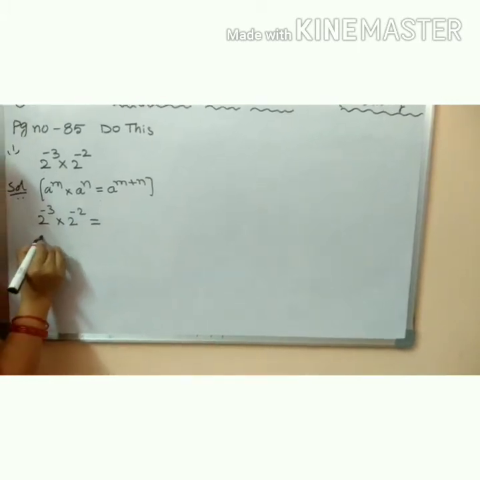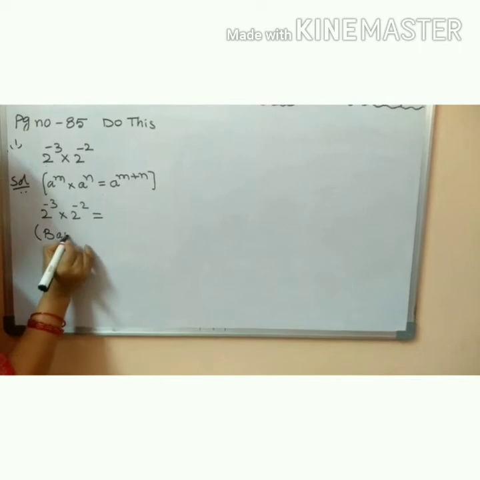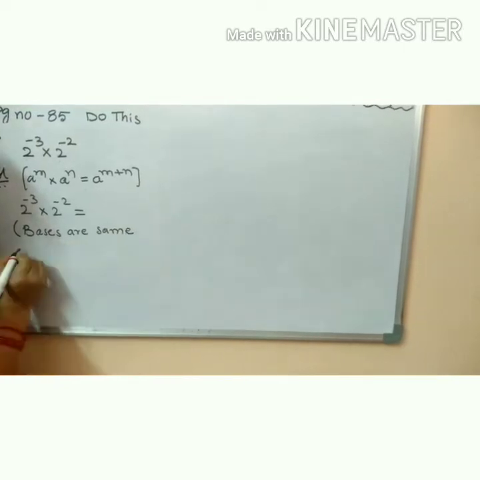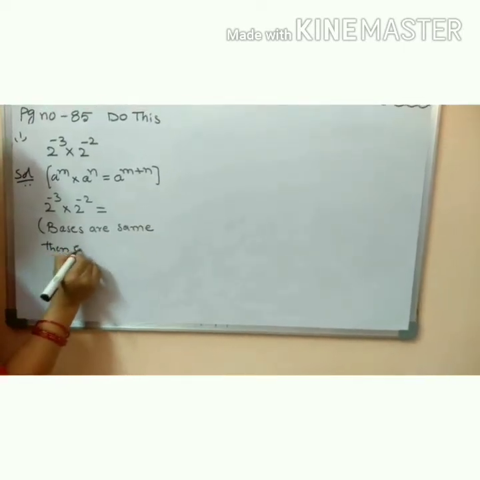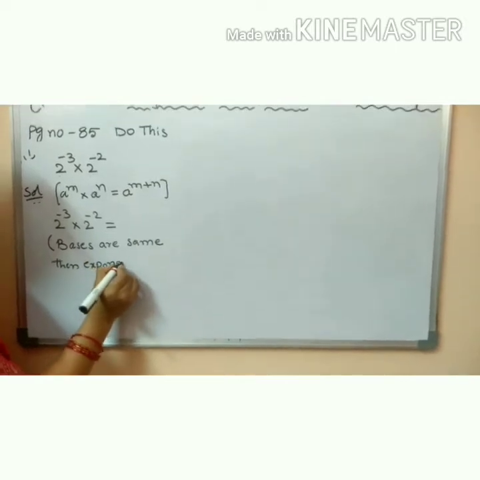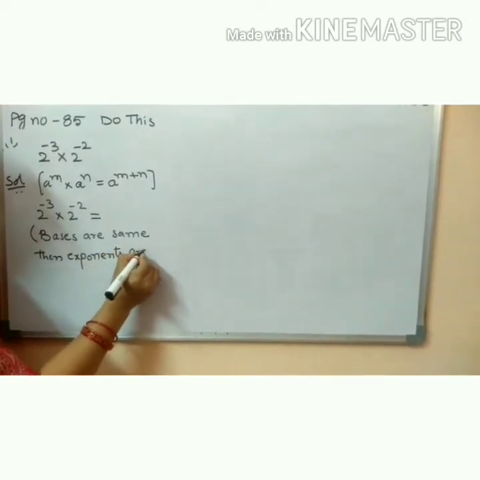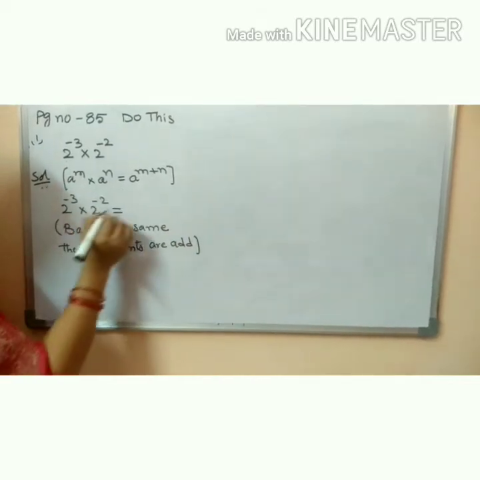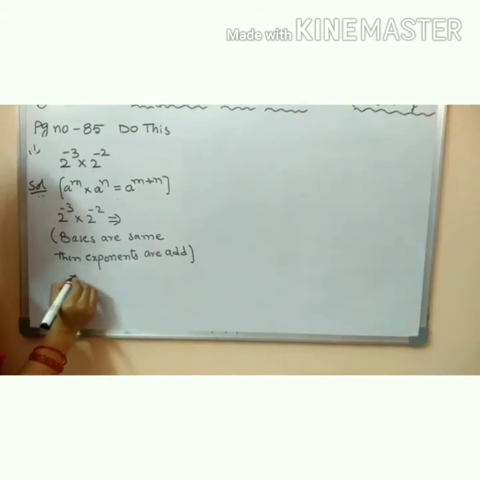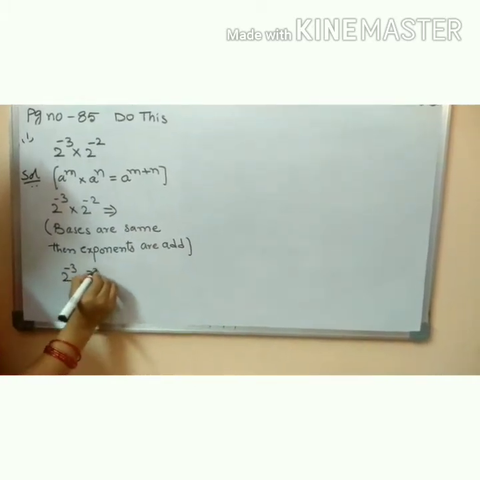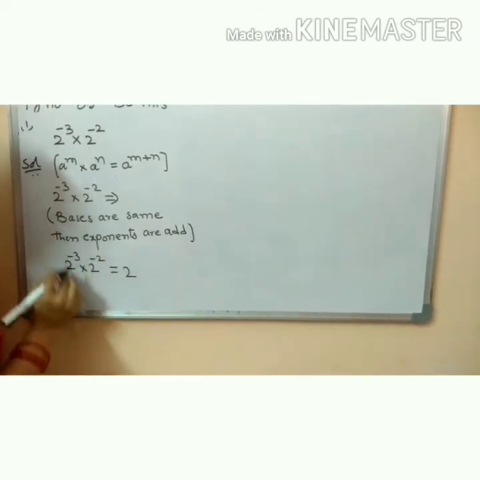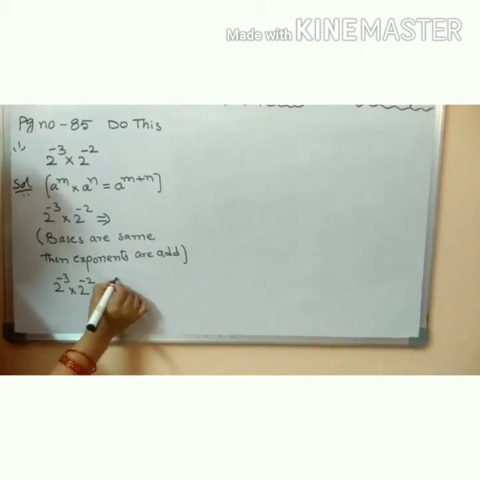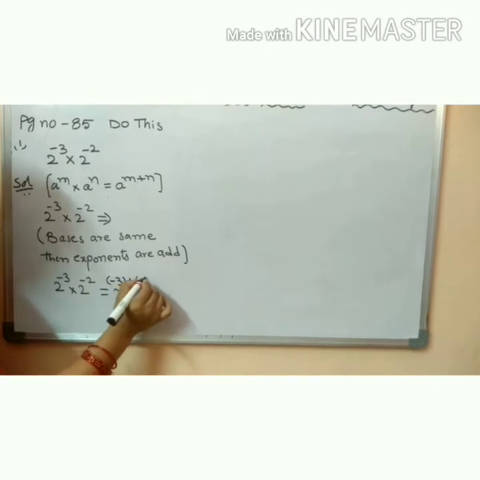So here in this case, bases are same, then exponents are adding. Exponents are adding. So here write 2 power minus 3 into 2 power minus 2 is equal to 2 power, bases are same, exponents are adding: minus 3 plus of minus 2.